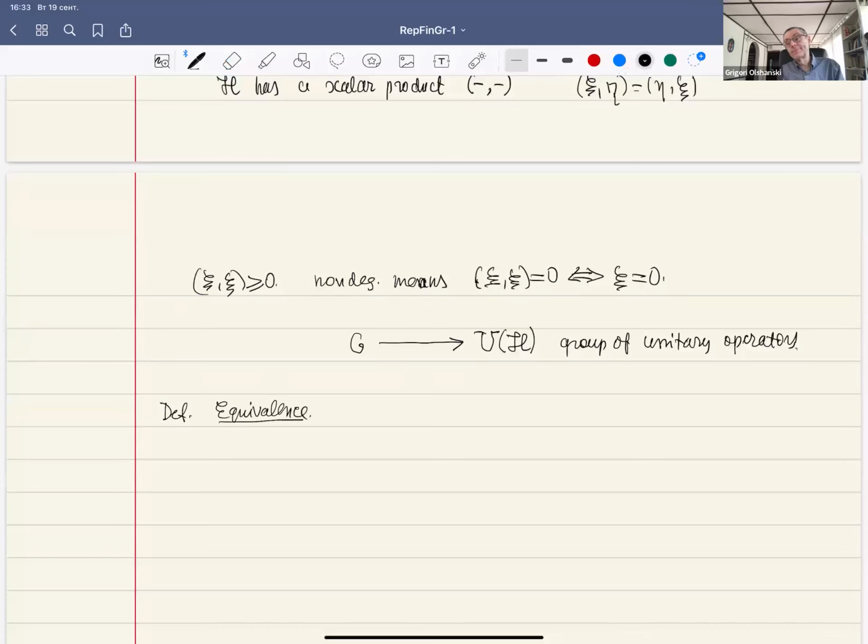Equivalence. What is this? Quite a natural definition.